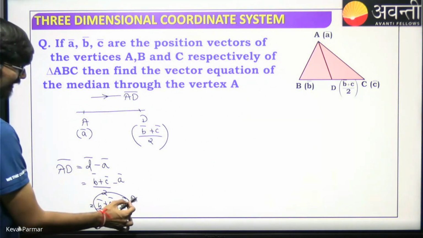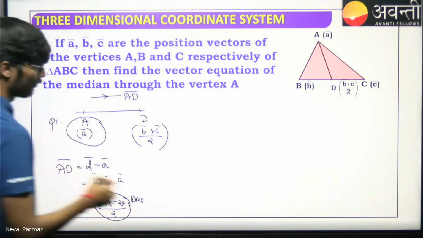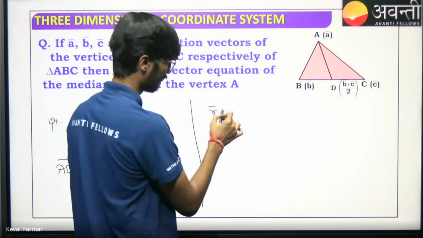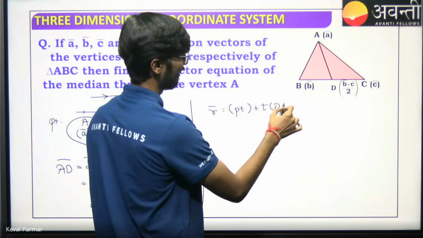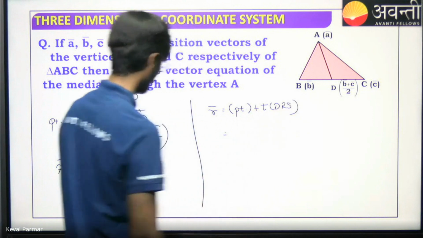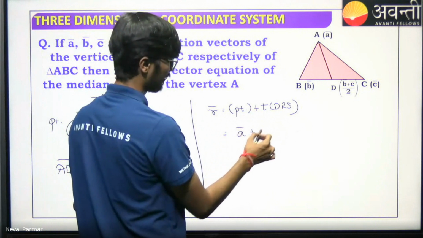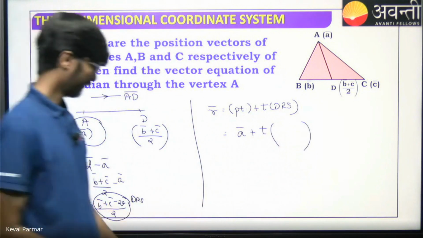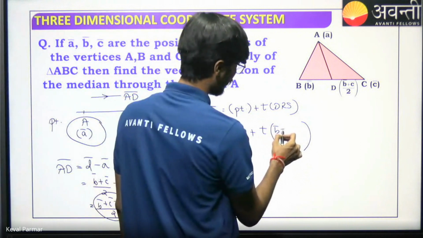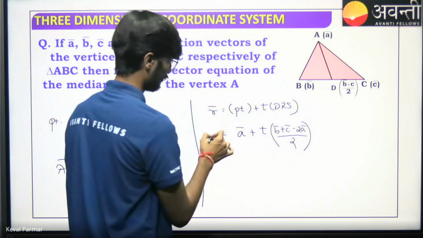This is my DRS, and we can take any point. What was the equation, guys? r vector equals point plus t into DRS. I took A vector as the point. So A vector plus t times the DRS, B vector plus C vector minus 2A vector upon 2. So this is my answer.